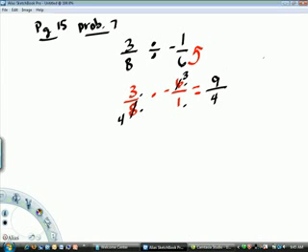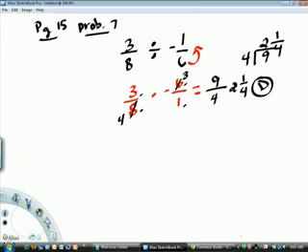So this also means 9 divided by 4, right? So that's 2 1/4, because 4 divides into 9 twice, leaves 1 left over. So 2 1/4, good. 2 1/4, and that's the answer for letter D. Alright.